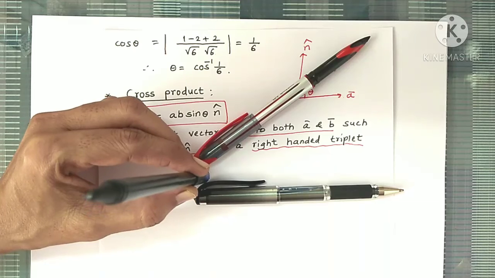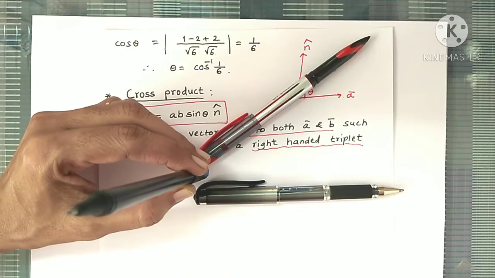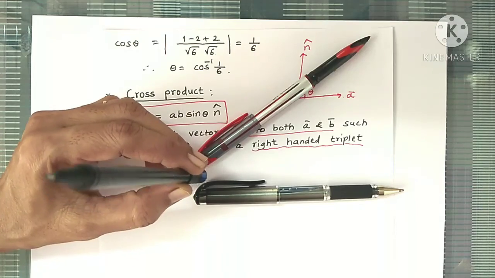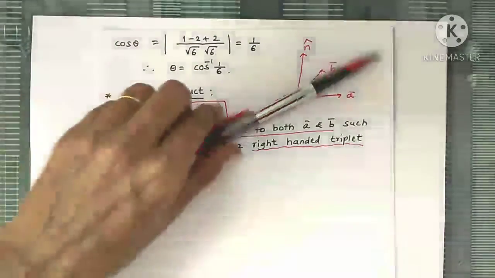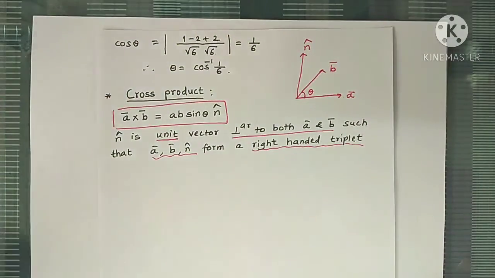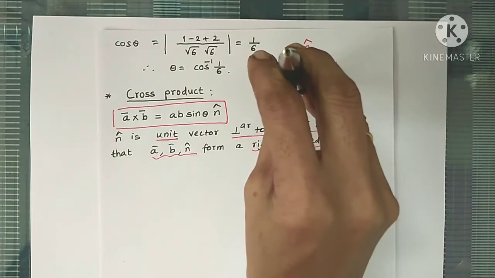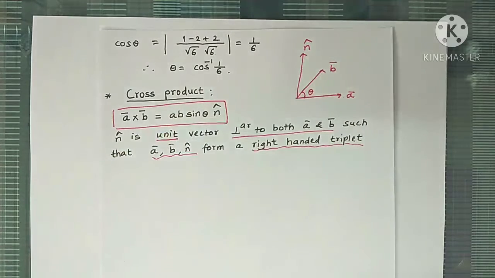So that is the right-handed triplet. That is the definition of right-handed triplet. Though the diagram is like this, remember that it is a three-dimensional figure, and if these are a bar and b bar, n cap is always like this. Okay, so let's see now what we get from the definition.